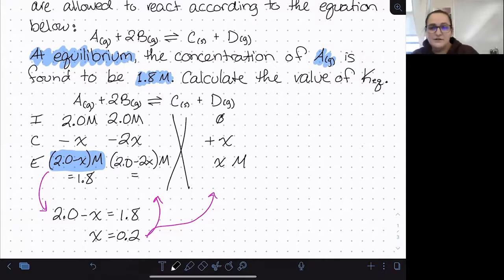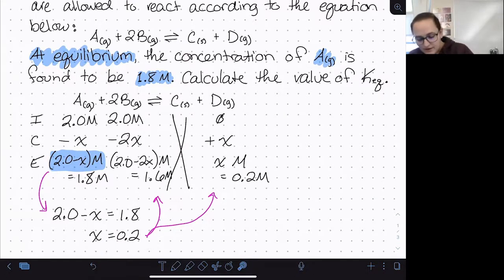For 2 minus 2x, 2x is 2 times 0.2, which is 0.4, so 2 minus 2x is going to be 1.6 molar. And then x is 0.2. So now we have concentrations for all of our species at equilibrium just by using this one to solve for the others.